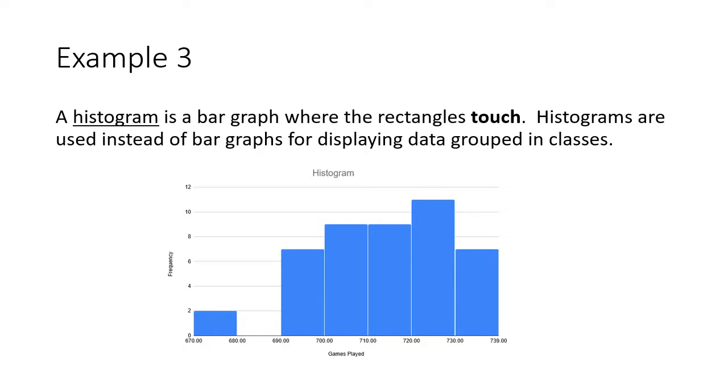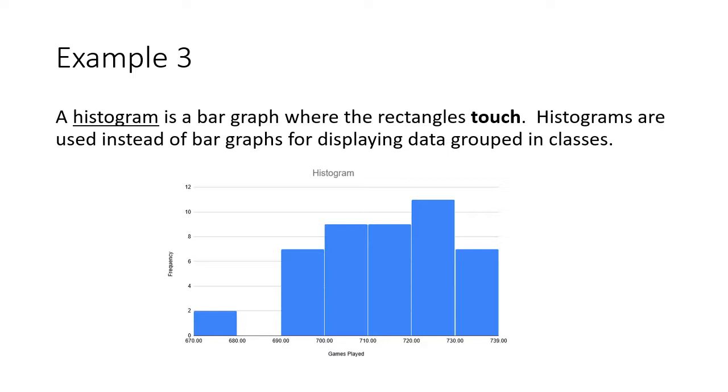You can kind of see that visually down at the bottom. In between the rectangles is where each class width begins. So my first class starts at 670 and ends at 680. Well, it doesn't, right? The next one just starts at 680. It's showing me the start of each class. So the first one starts at 670, then 680, then 690, then 700, 710, 720, 730.